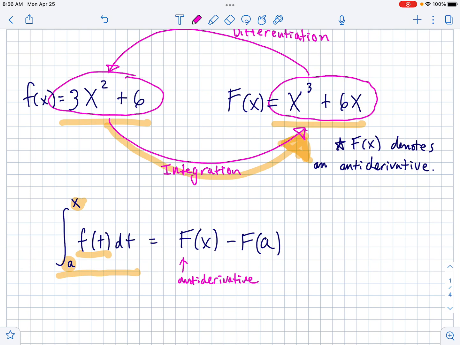And then you take the antiderivative and plug in an x, and then plug in an a and subtract the F of a from the F of x. That's how you would find the area under a curve by hand. This is what your calculator has been doing for you this whole time. But we're going to start to get into some small ones doing things by hand.